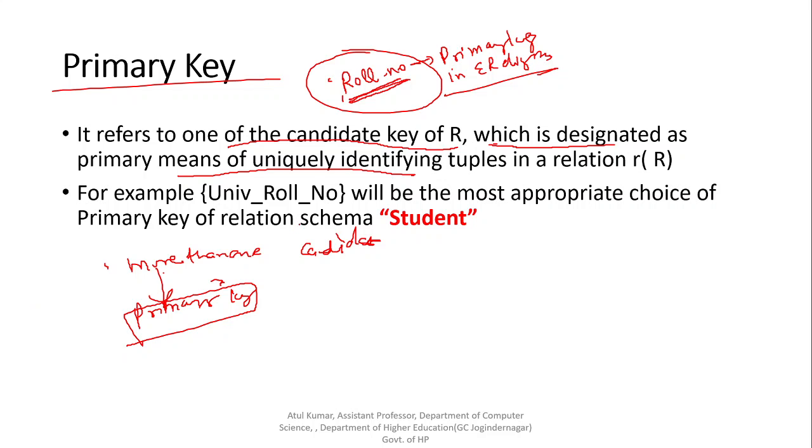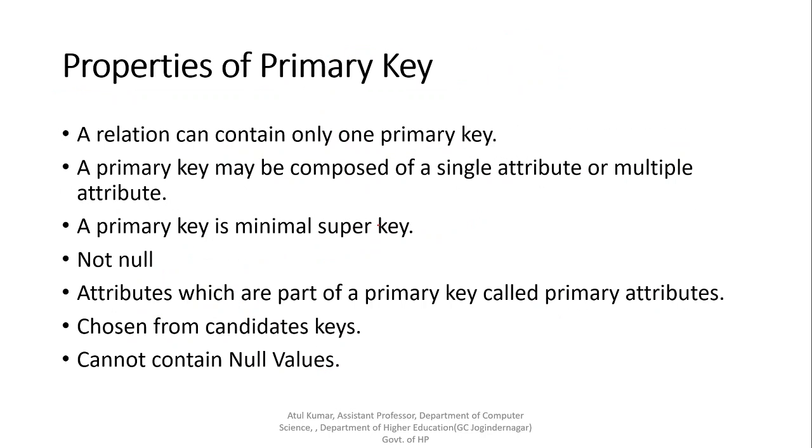The primary key uniquely identifies each tuple in the relation. For example, in the previous relation, the student university roll number, which uniquely identifies each row in the relation, is the most appropriate choice of the primary key of relation schema student.